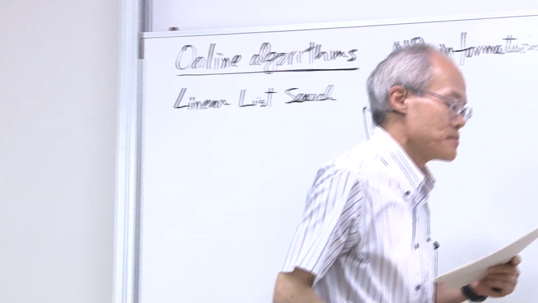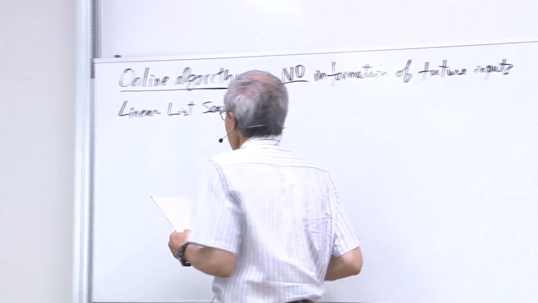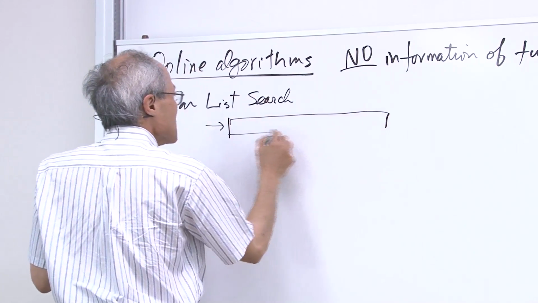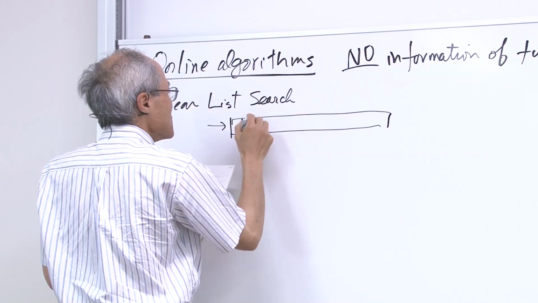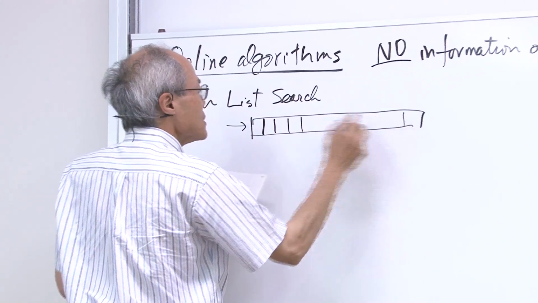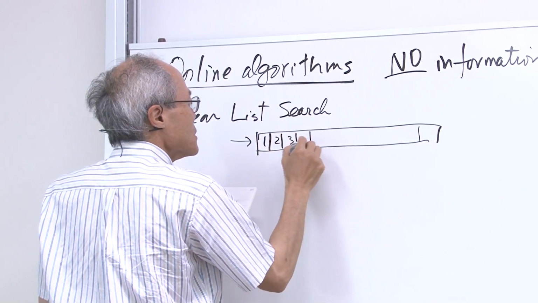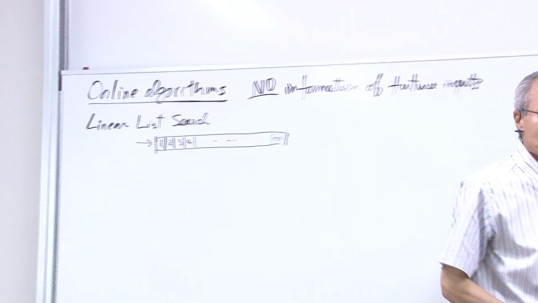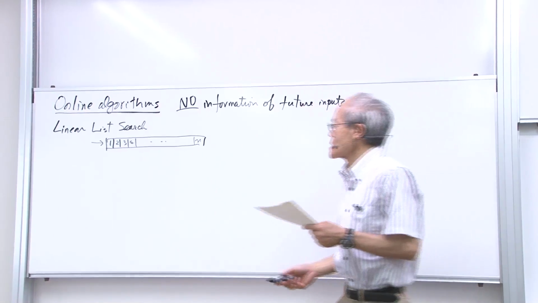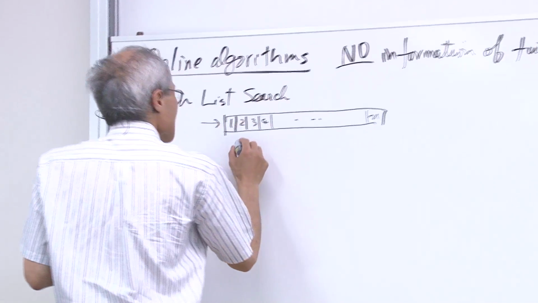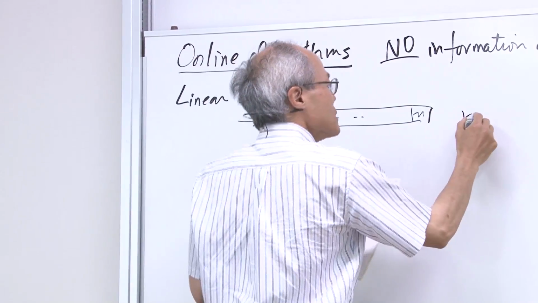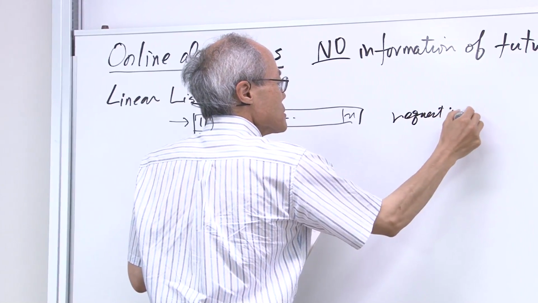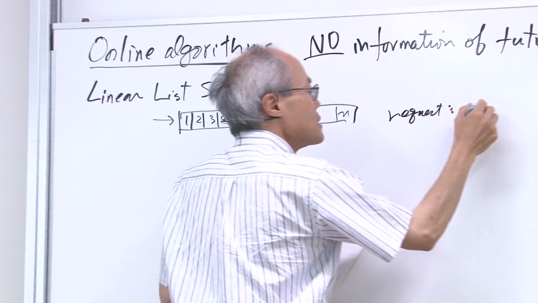linear search. So you are given a linear list of length n, then a request comes, something like 51.